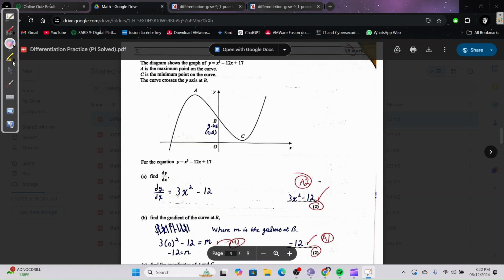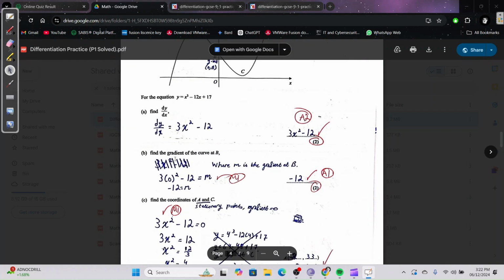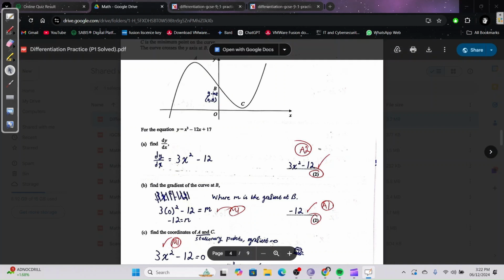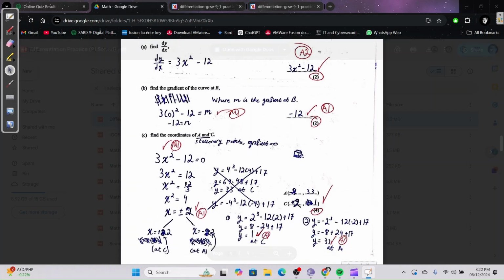Okay. Part B. Find the gradient of the curve at B. Okay. B is at the y-intercept. And remember, the y-intercept has an x value of 0. And in this case, point B, so 0 and the y value of B. So find the gradient of the curve.